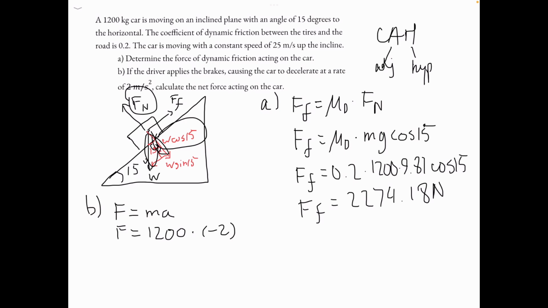And now we must add the force of dynamic friction, which acts in the opposite direction, minus 2,274.18 would give us a force of F is equal to negative 4,674.18 newtons.